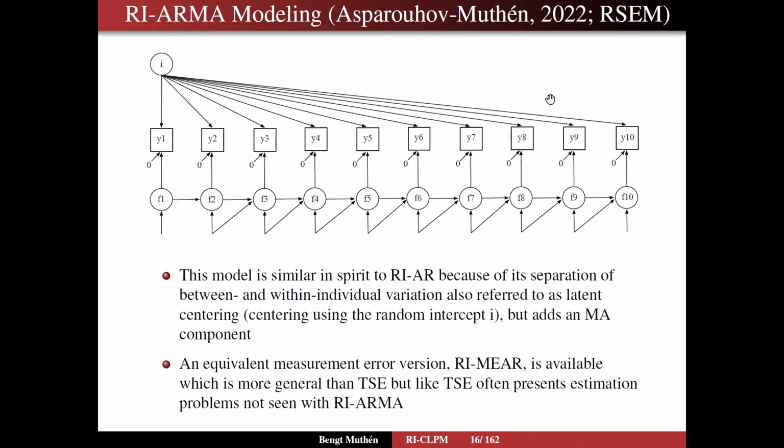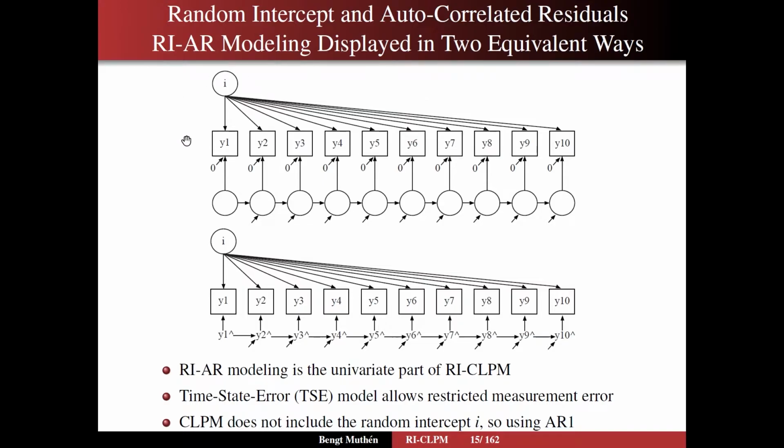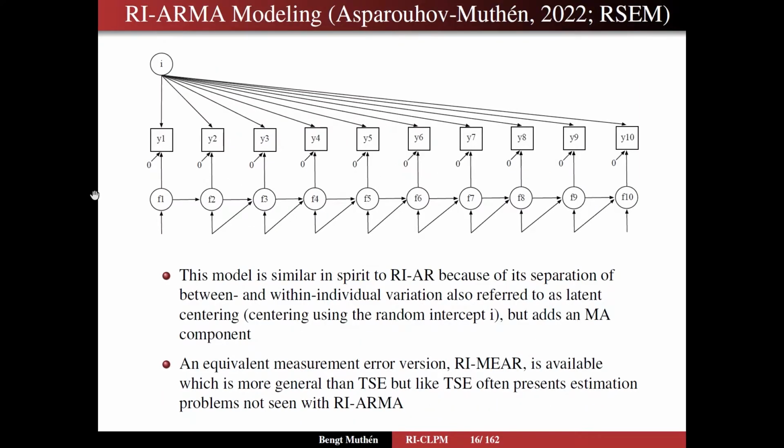Turning to slide 16, the paper by Asparouhov and me in 2022, the residual SEM paper, introduced a new model, RI-ARMA, which is similar to the previous slide, the top model on slide 15, the way of writing the model using explicit factors defined as f by.